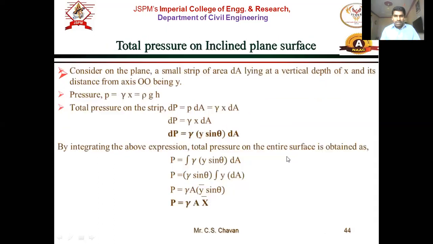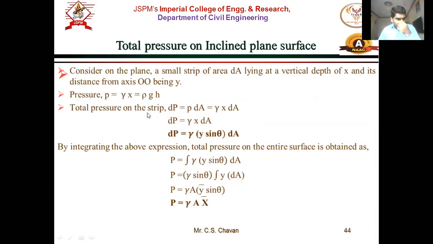Consider on the plane a small strip of area dA lying at vertical depth. So vertical depth is x and inclined distance is y. Therefore the pressure on this strip is gamma x or rho g x, right?